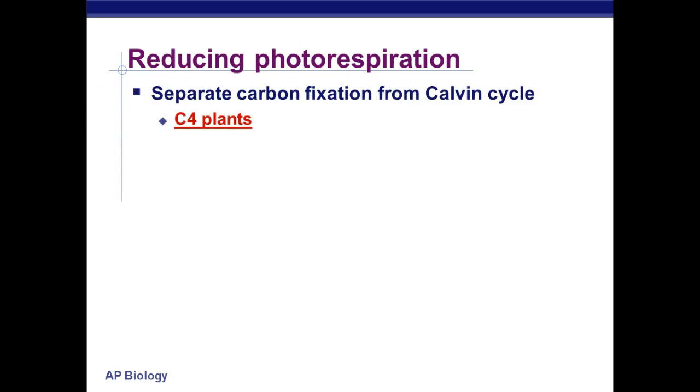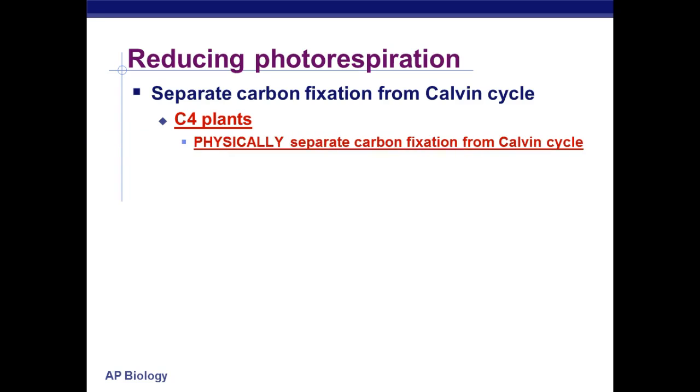Well, what I'm getting at, as you probably guessed, is that some plants have in fact evolved mechanisms to get around the photorespiration problem. They have found different ways to fix carbon so that they can complete the Calvin cycle more effectively. The 2 groups of plants best known for these adaptive advantages are called the C4 plants. They separate the carbon fixation step of the Calvin cycle physically.